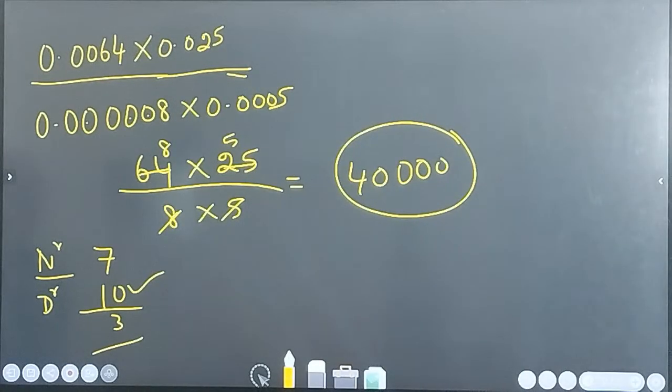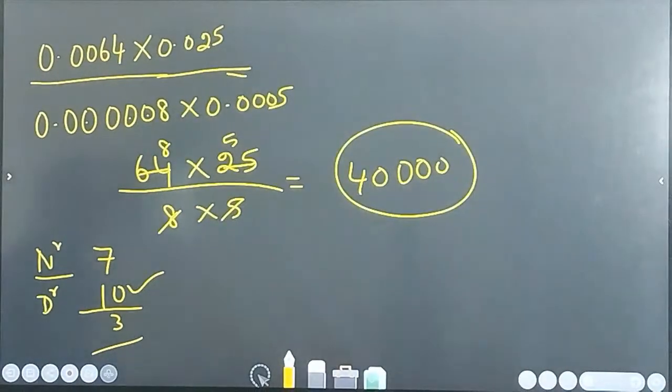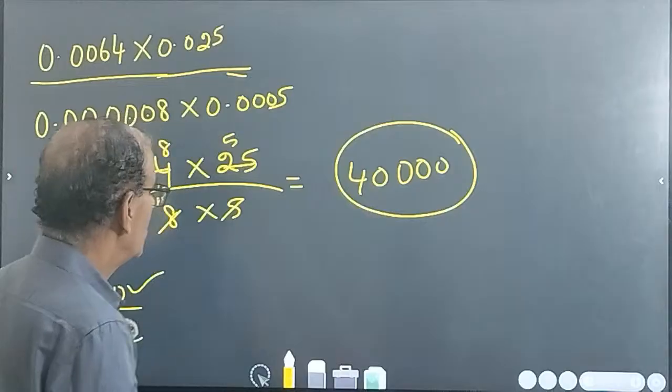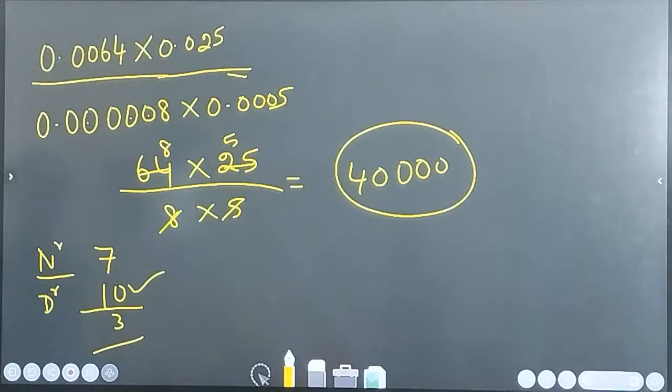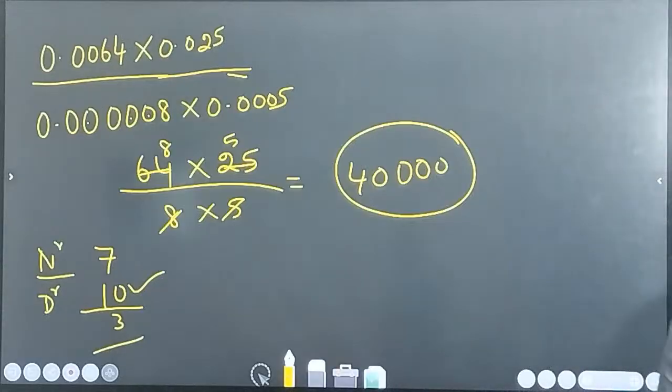0.0064 into 0.025. The answer to this one is 40,000. Just note it down if you want. Note down 0.0064 into 0.025, this question also, so that in future if you want to verify, you can verify.